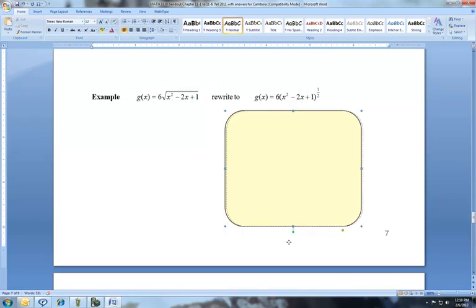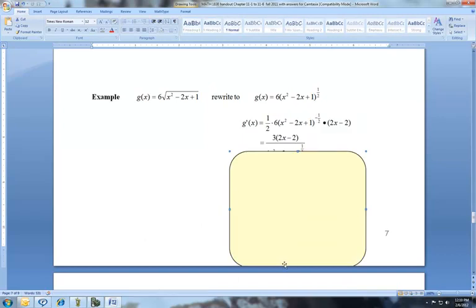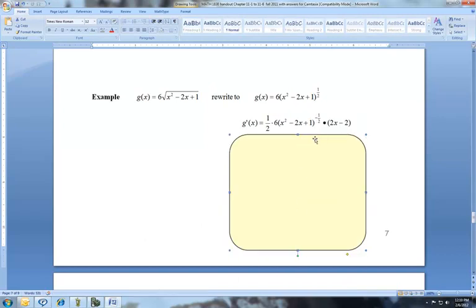Because it's after the big dot, we get the derivative of the inside. So 1/2 times 6. There's my n times c. Here's the rewrite. Subtract 1. Derivative of the inside.